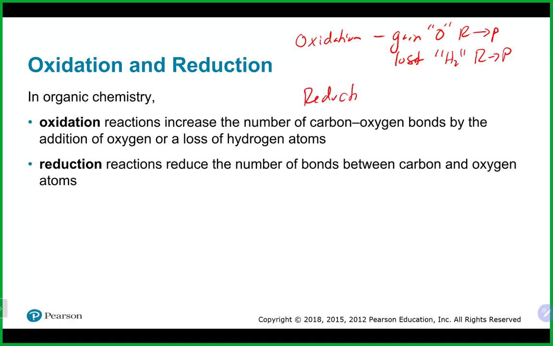Reduction is basically the opposite: something has lost oxygen as you go from reactants to products, and it has gained hydrogen, H2. The gaining and losing of electrons that we did in inorganic chemistry, we really don't use those definitions too much here. We look more at, are we gaining oxygen, losing oxygen, gaining hydrogen, or losing hydrogen?